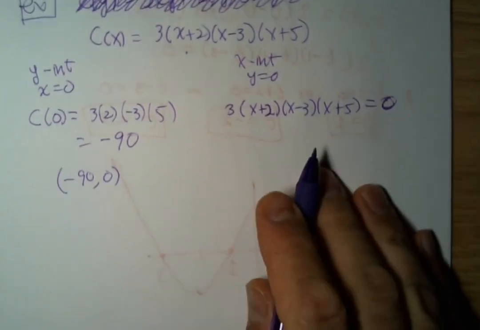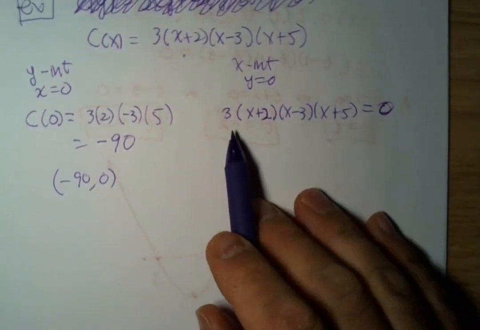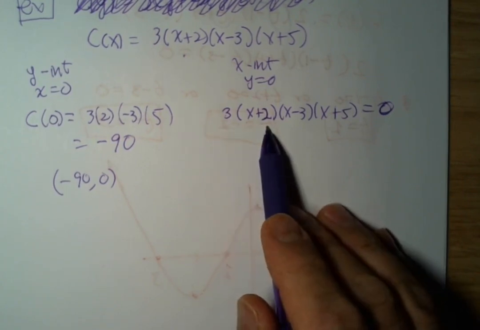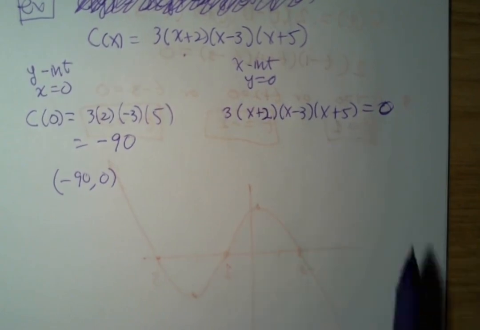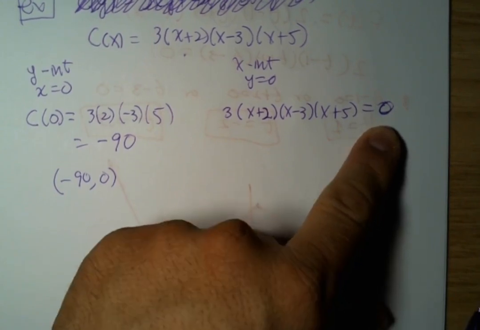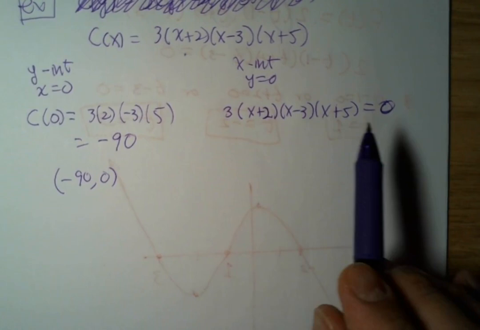Now, since it's in its nice factored form already, we have 4 factors here: 3, x plus 2, x minus 3, x plus 5. I have 4 factors being multiplied together, and the result of that multiplication is 0. Because it's equal to 0, there's no other way this can happen unless one of these values is 0.